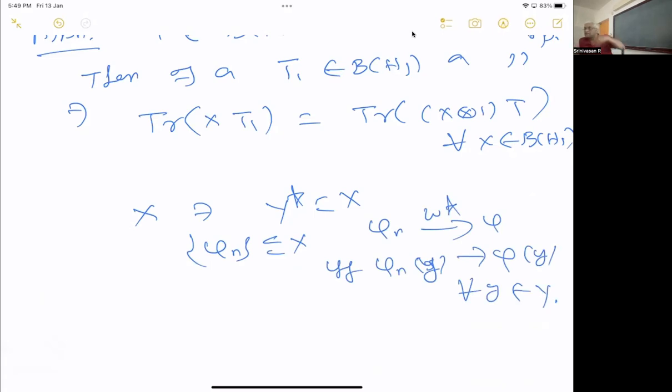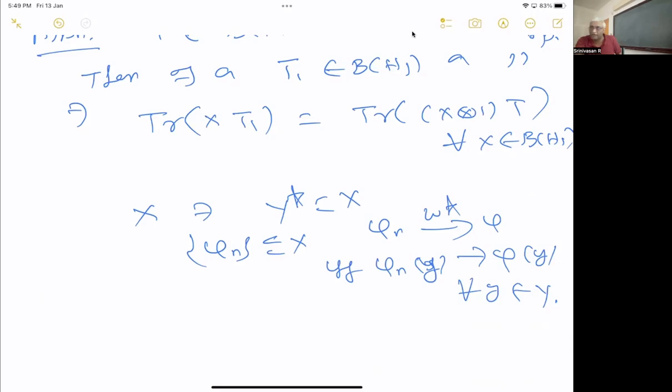Weak convergence means that for any element of the dual, if you apply it, it should converge: Xn converges to X in the weak topology if phi n of X converges to phi of X. Weak star means you evaluate on Y and that should converge. Weak star is a topology on a dual space, so it should be a dual space to start with.